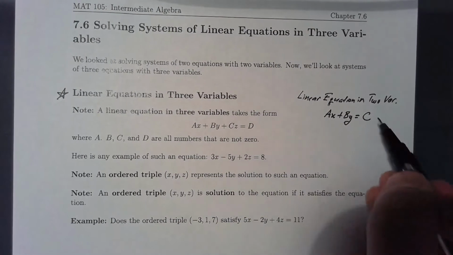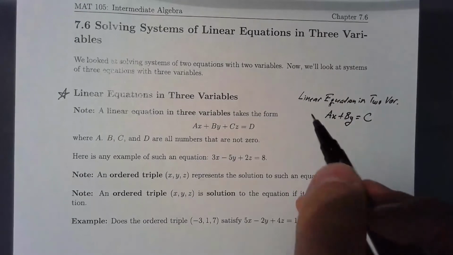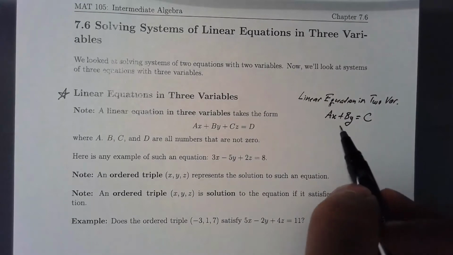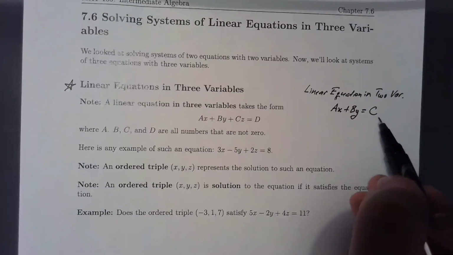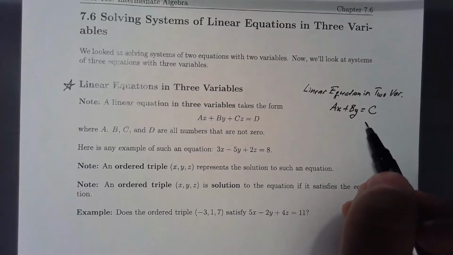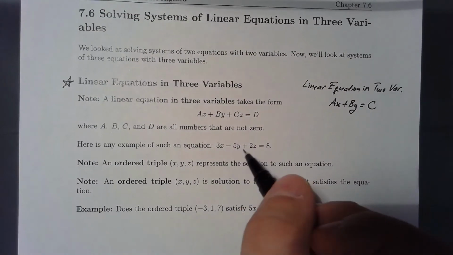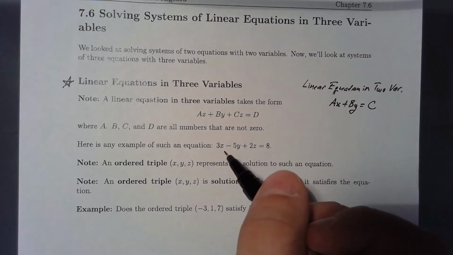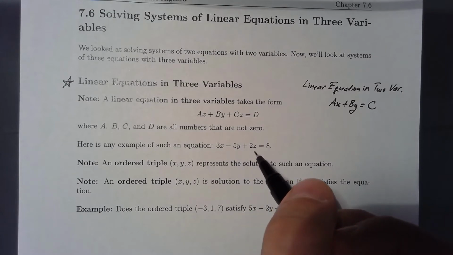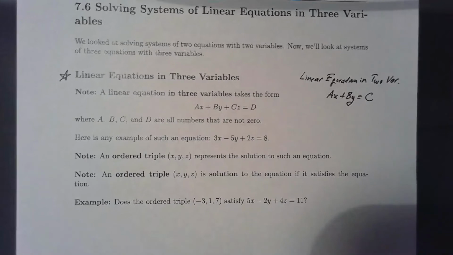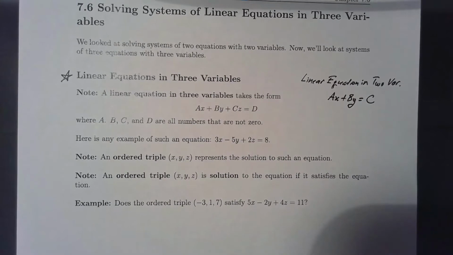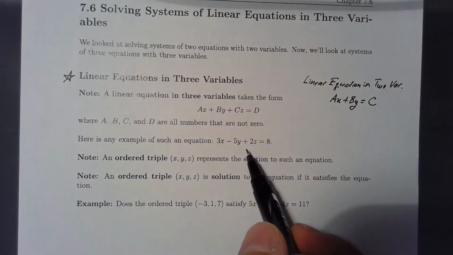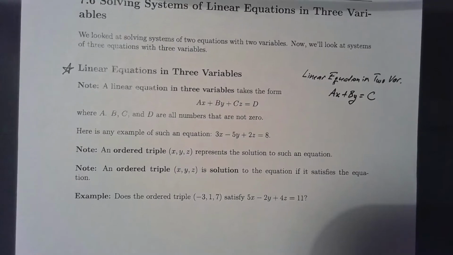This is two variables, but we're dealing with three variables. I'm just writing this out for comparison. Here's an example of such an equation: 3x minus 5y plus 2z equals 8. This is just one of an infinite number of examples.